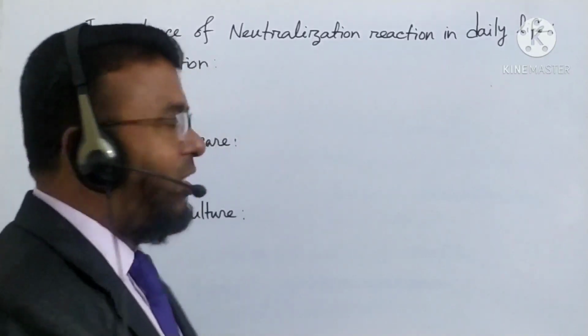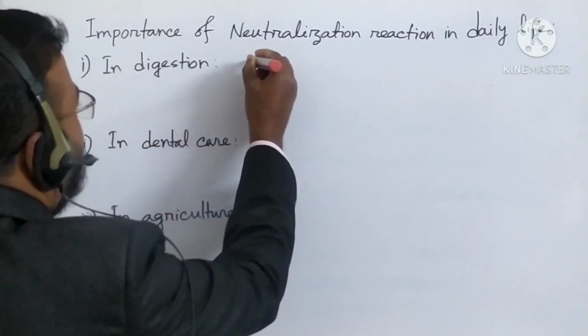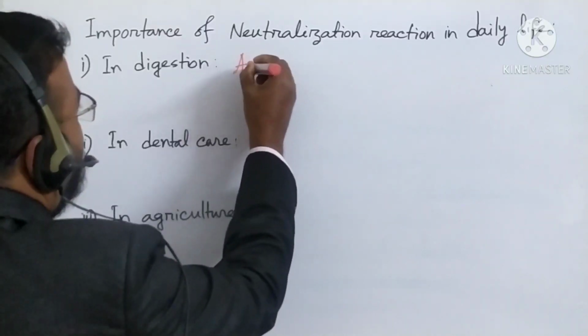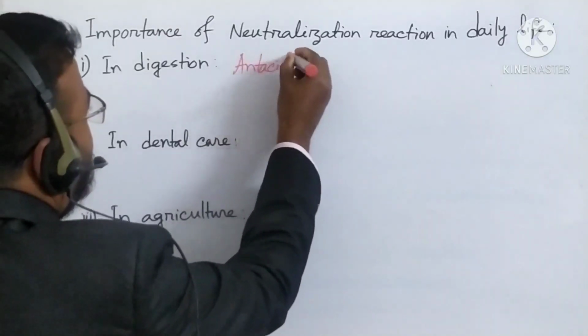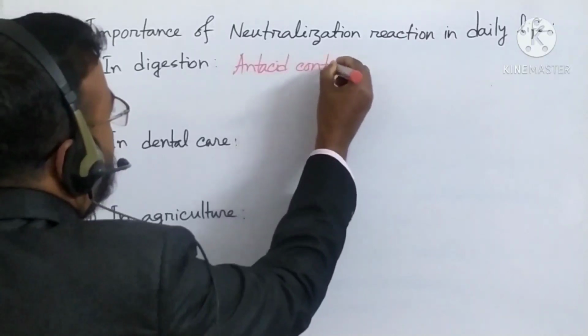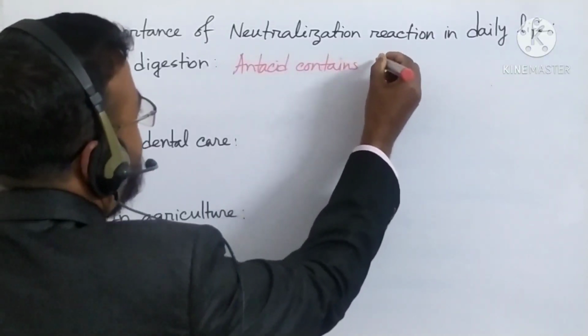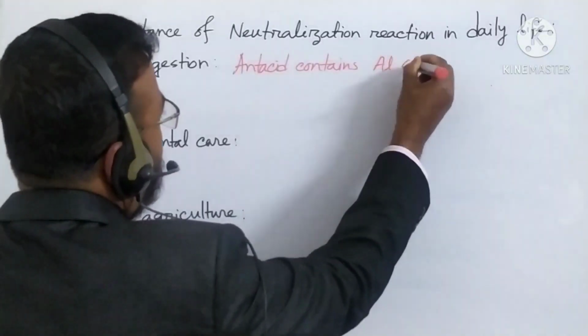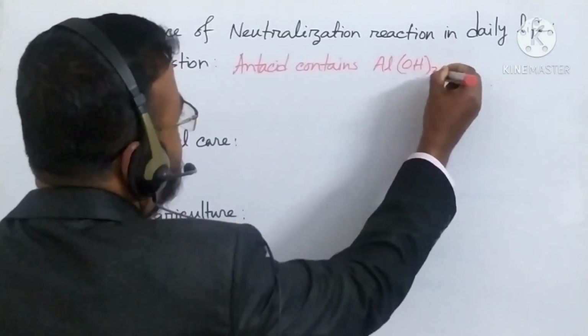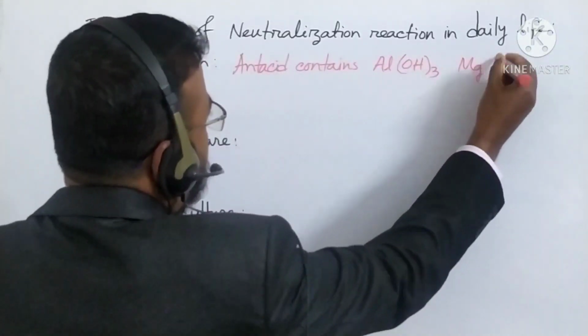So now antacid medicine contains aluminum hydroxide and magnesium hydroxide.